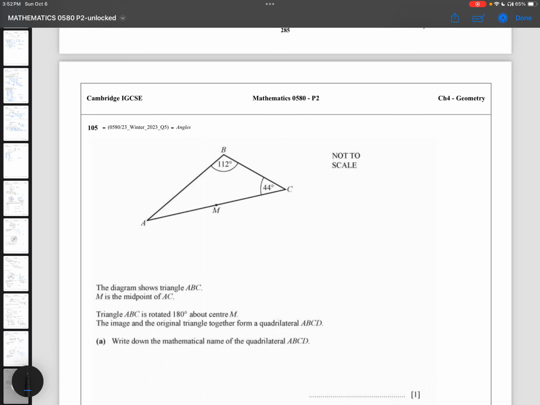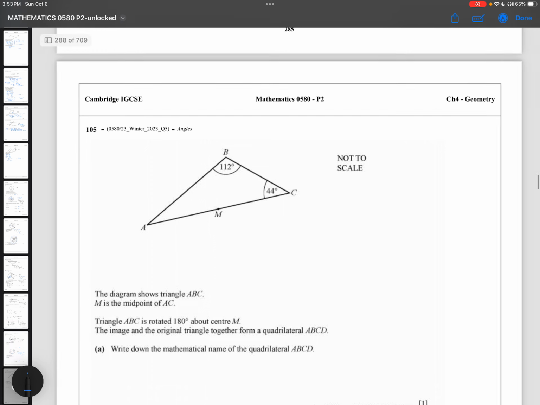Write down the mathematical name of the quadrilateral ABCD. This triangle will be rotated 180 degrees. So I think this point B will come over here, somewhere like here. Let's join the lines.